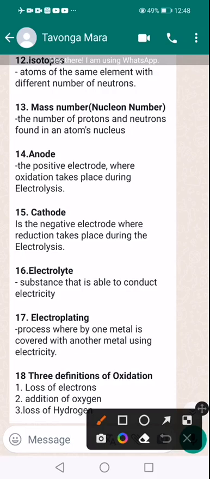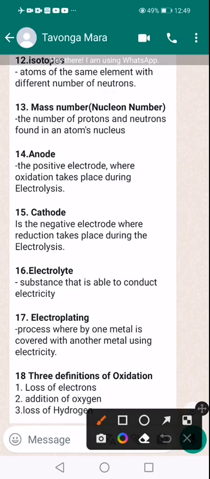When the electricity started to flow into the electrolyte called acidified water, the anode loses electrons. Those electrons are transferred from the anode, which is the positive electrode, into the negative electrode, which is the cathode. So you need to be careful.